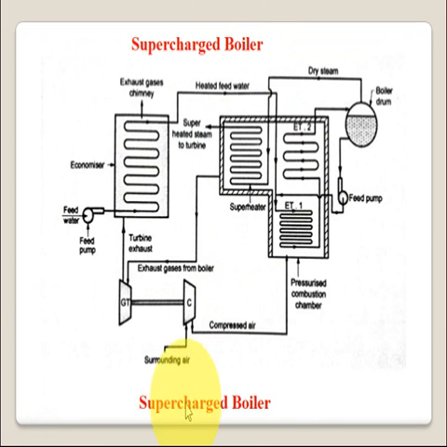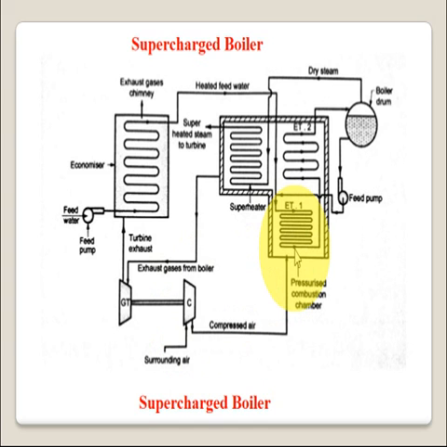Another boiler is the supercharged boiler. In a supercharged boiler, surrounding air is drawn by an axial flow compressor, which compresses the air, and the compressed air is supplied to the combustion chamber.